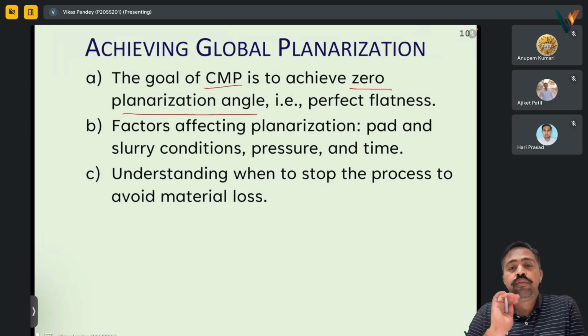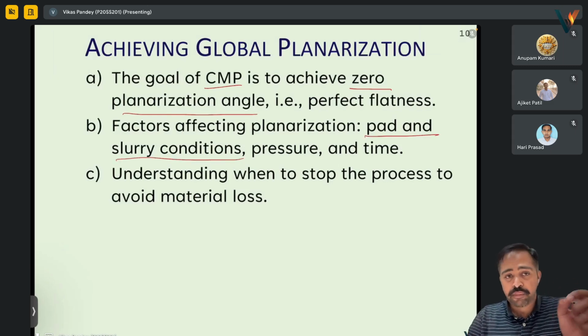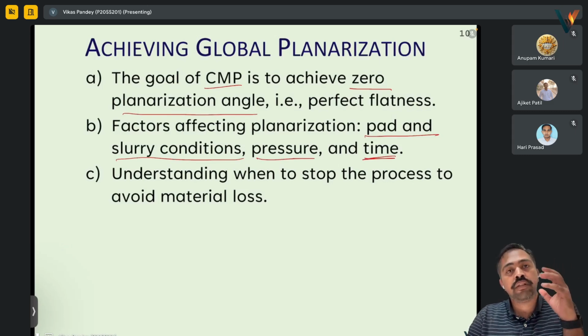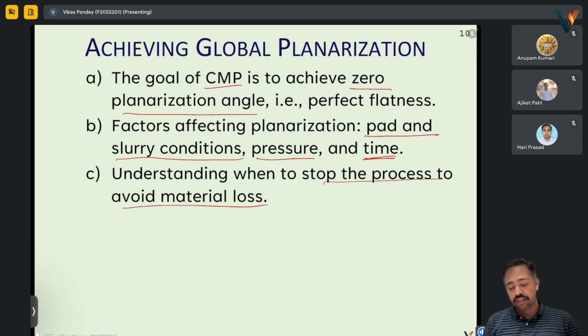First, the pad and the slurry conditions should be properly controlled and optimized. Pressure and time: even if you are using less pressure but doing it for a longer time, that will lead to more material removal. And we have to understand when to stop the process to avoid material loss.